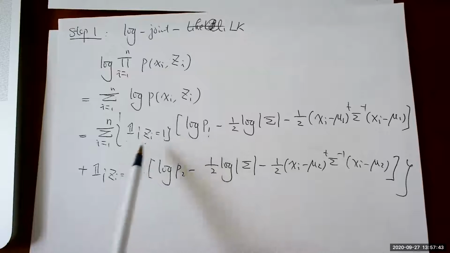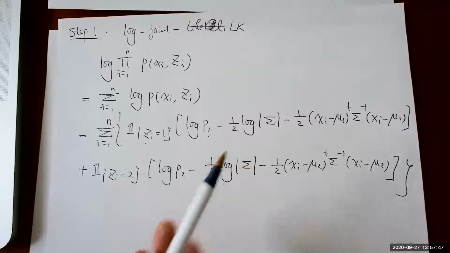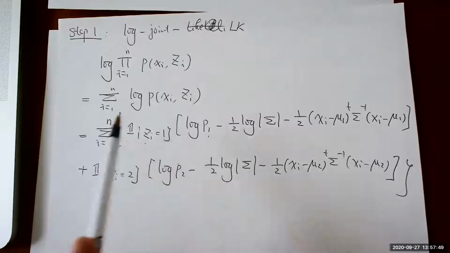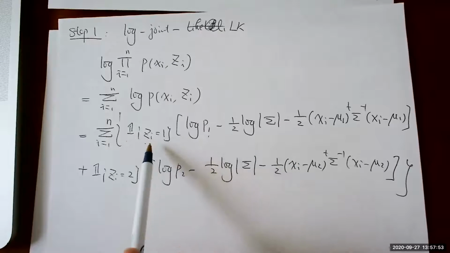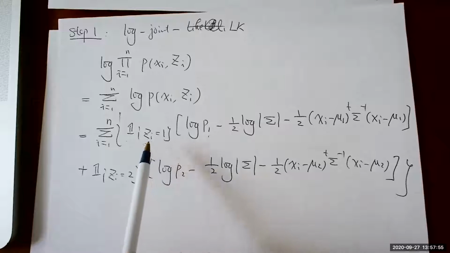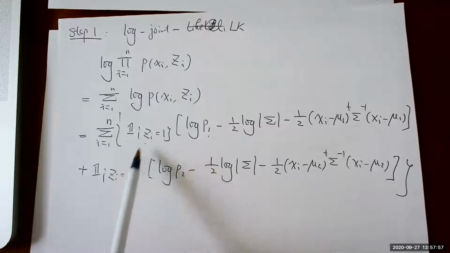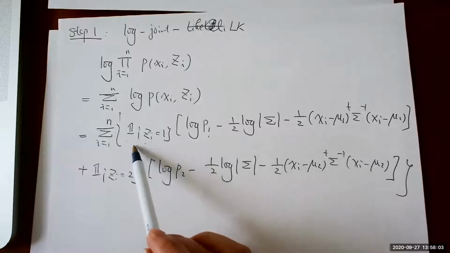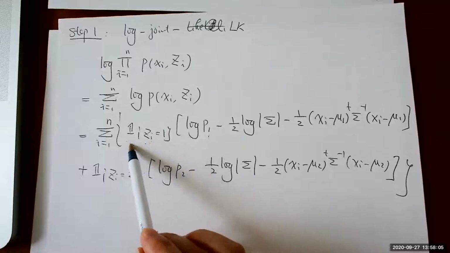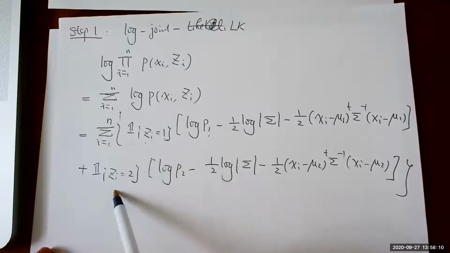We don't know how to compute it. So once we are done with the E step, at the M step, we basically take the expectation of this, averaging out those uppercase Z. Now Z only appears here. When you take the expectation, what is the expected value of an indicator? This becomes the probability of Zi equal to 1. This is the probability of Zi equal to 2.